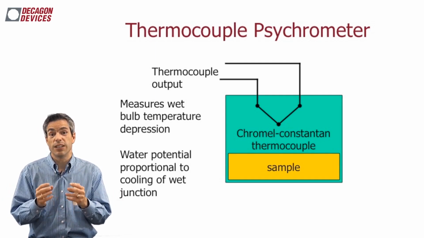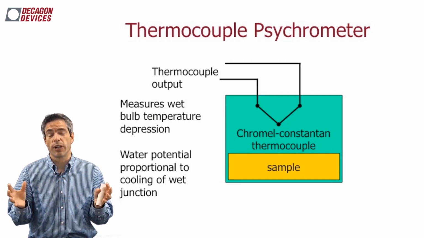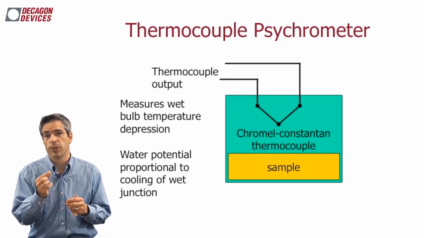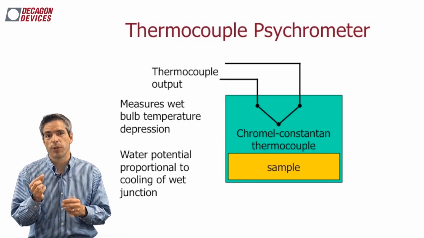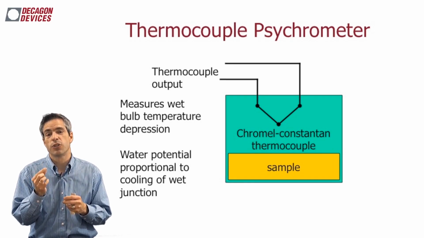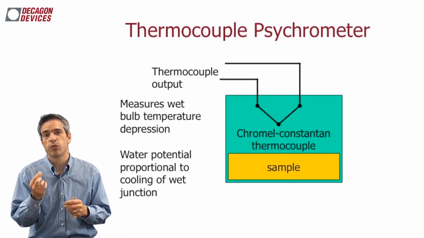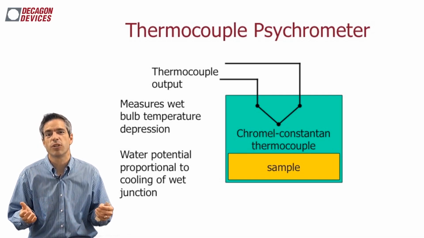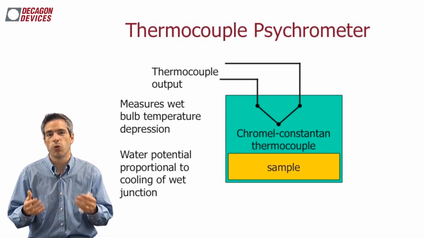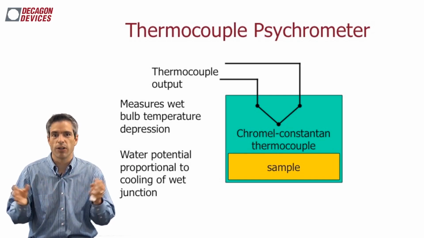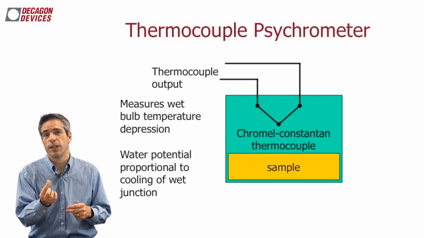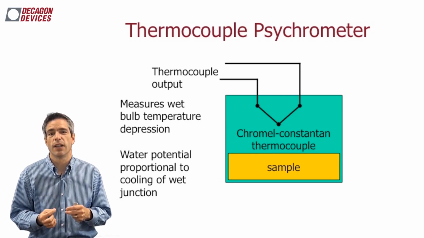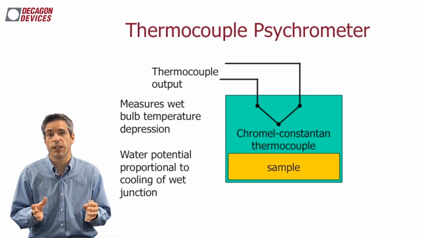What happens then is that the water evaporates from the surface of that thermocouple, and the evaporation of that water causes the thermocouple to cool, and the cooling of that thermocouple will drop down eventually to this thing we call the wet bulb temperature. The cooling that would happen as water evaporates into air and takes energy from the surface of that thermocouple. So that's what's going on there.